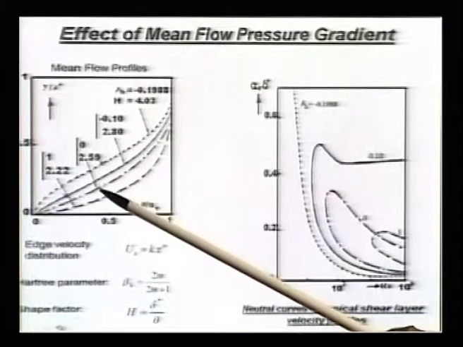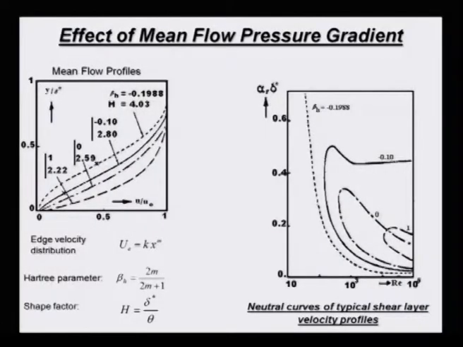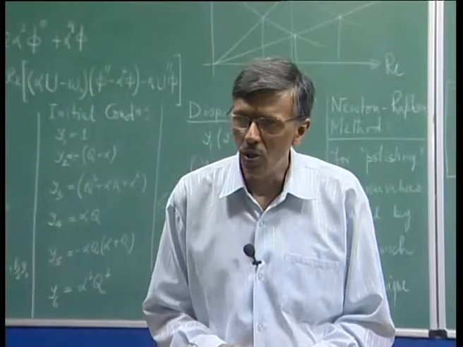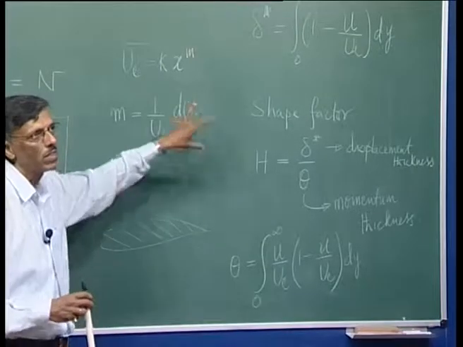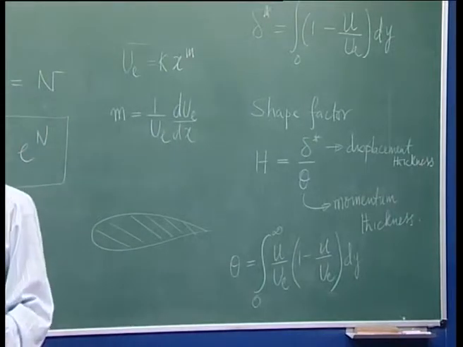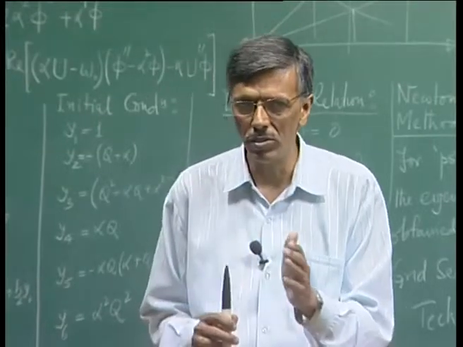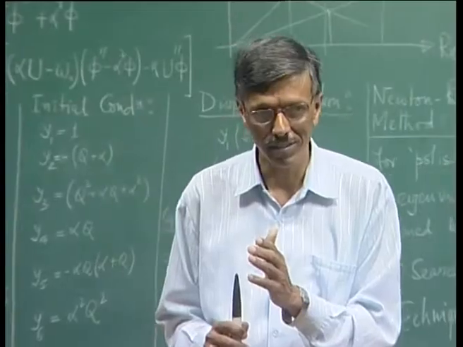That is this line, the second last line from the bottom. Now, what I could do is create a flow with different values of m. What do negative values of m signify? Negative m signifies d ue dx negative, which means ue is decreasing.